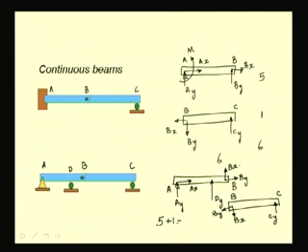So, we have a total of 6 unknowns, and from the 2 free body diagrams we can write 6 equilibrium equations and all the 6 unknowns can be determined. So, this is also a statically determinate support reaction.